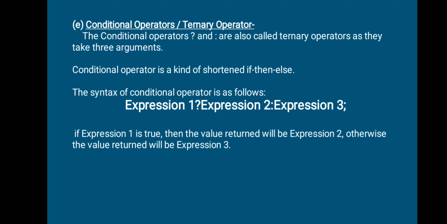So here you can see the syntax: expression 1 question mark, expression 2 colon, expression 3. If expression 1 is true, then expression 2 will be evaluated and assigned to the variable, and if expression 1 is false, then expression 3 will be evaluated and returned. So this is the conditional operator, which is equal to an if-else statement.